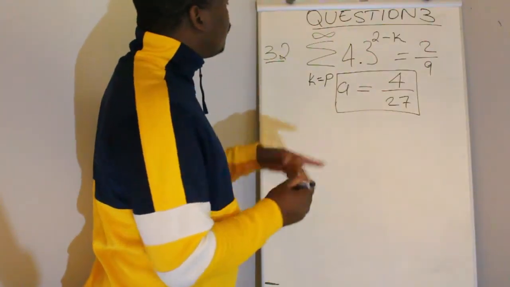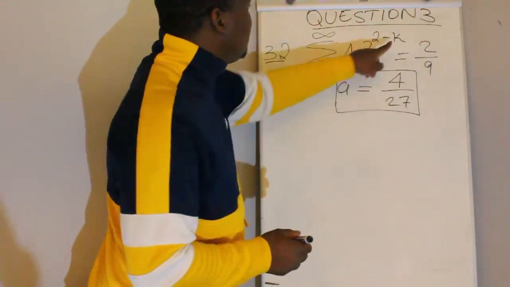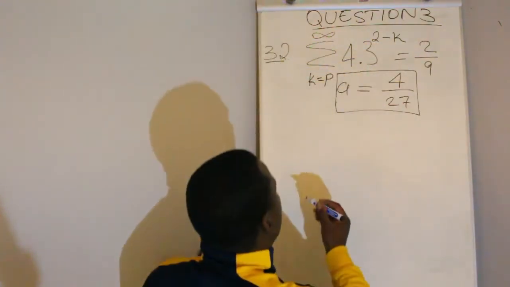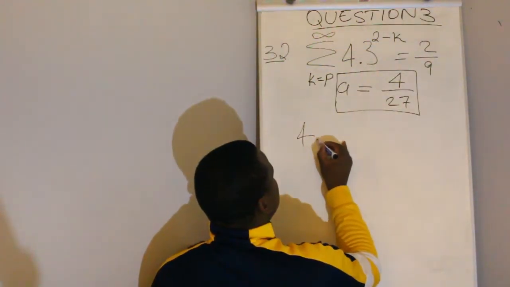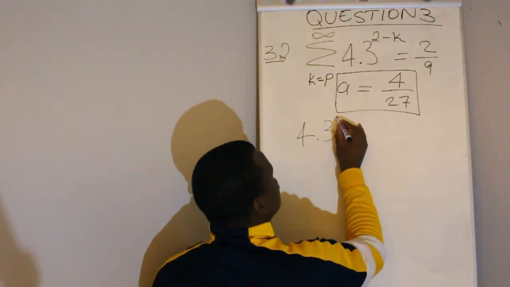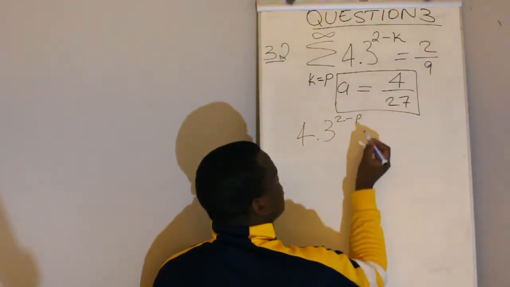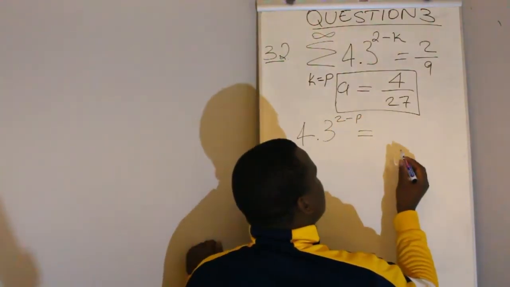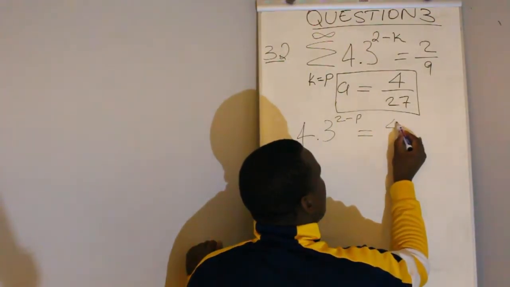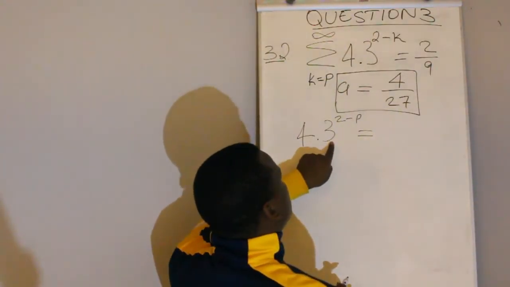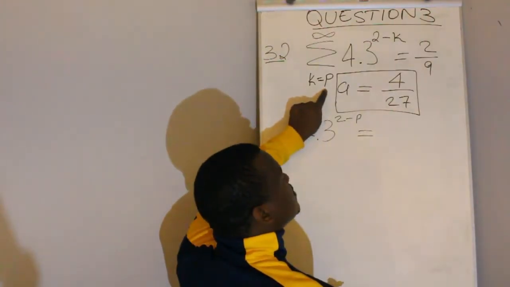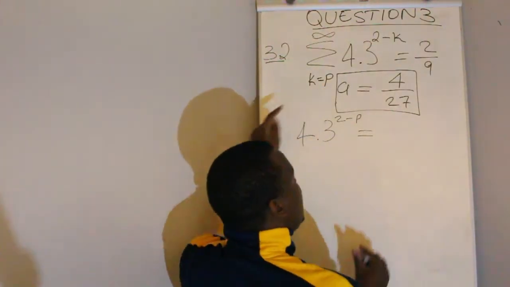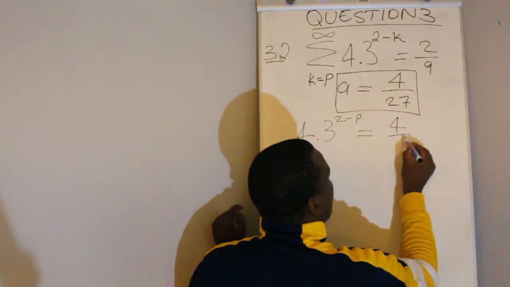To find the first term, we must substitute P there. So, that means we have 4 times 3 raised to minus P is equal to what? Is equal to 4. So when you do this, this will be the first term, because that's where the sequence begins. And this is equal to this 4 over 27.